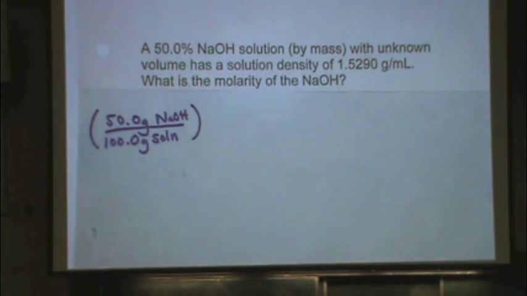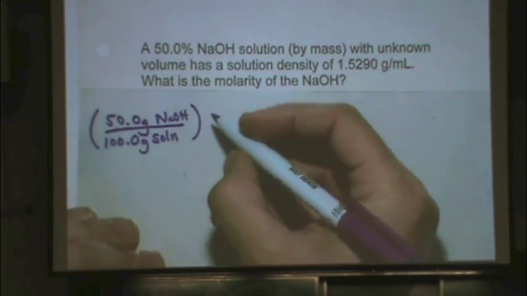So if there's 50 grams of sodium hydroxide, what's the other 50 grams? Water. We're not going to need that in this particular example, but just so you know, it's sodium hydroxide and water makes up the solution.